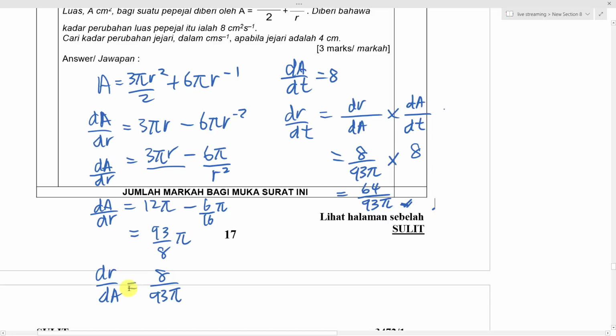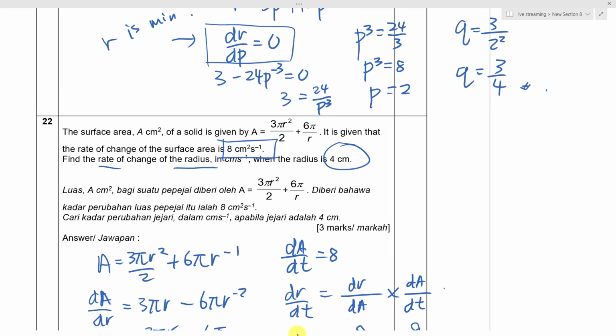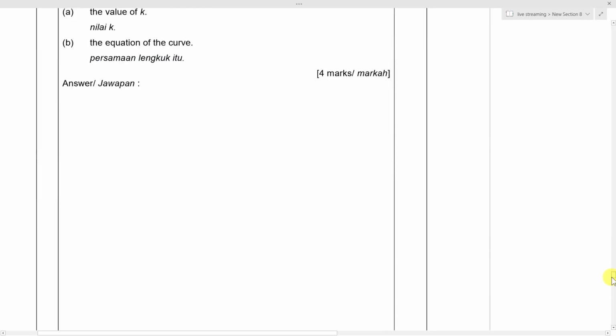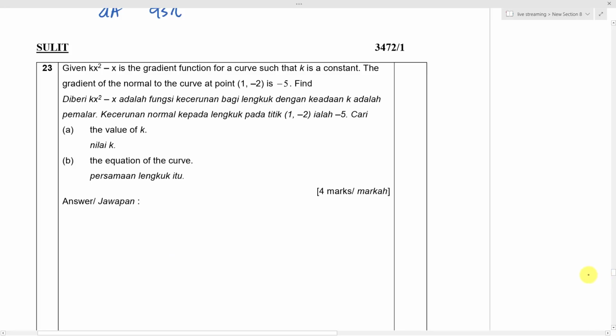Alright, let's move on to the next one. Yes, 3 more questions. It's given that this one is the gradient function. I say gradient function basically means dy dx, right? So dy dx equals kx squared minus x. For the curve such that k is a constant, the gradient of the normal is negative 5 when x equals 1.